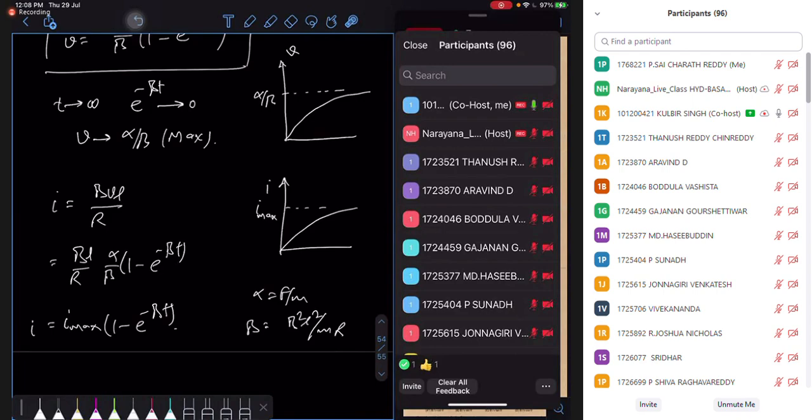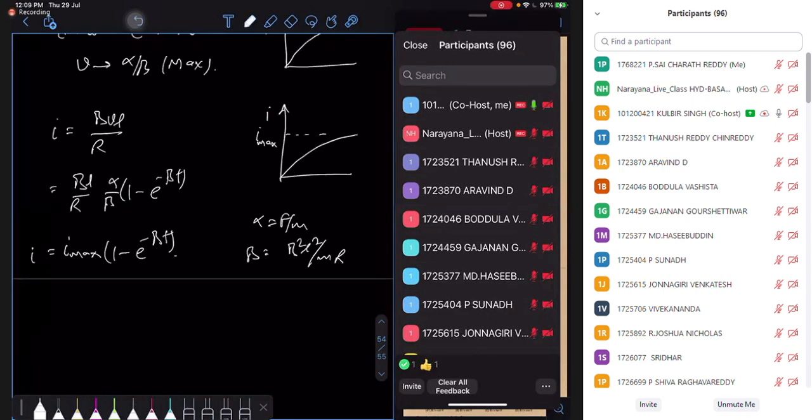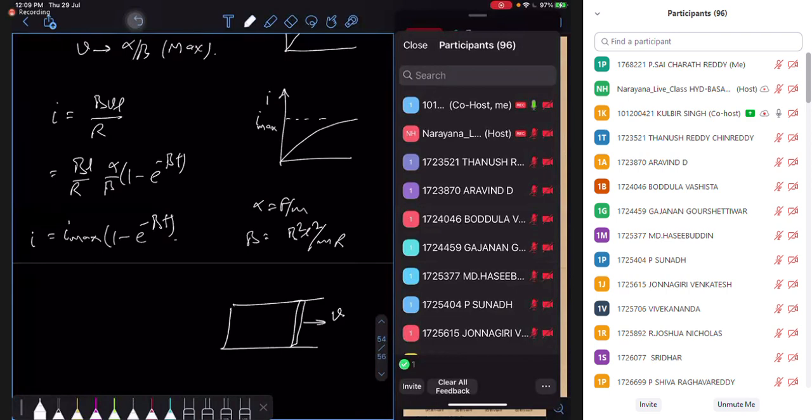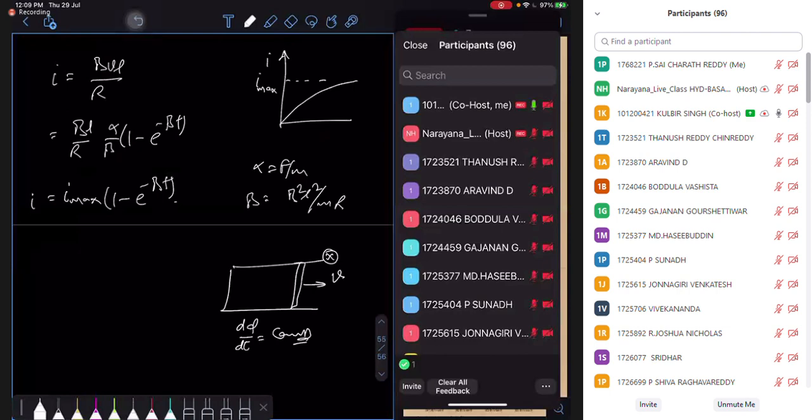When it is moving with constant velocity, you can see that in these situations your flux is continuously changing. Because if you are moving it continuously in the magnetic field, the flux must be continuously changing. d phi by dt is going to be constant.